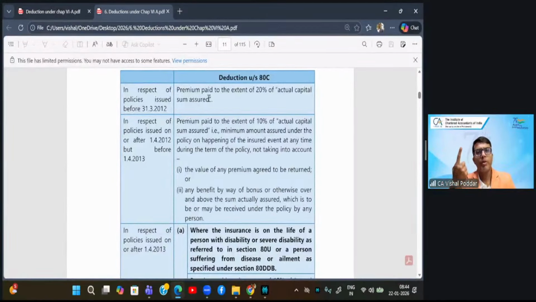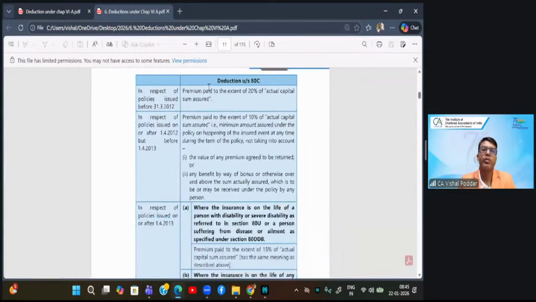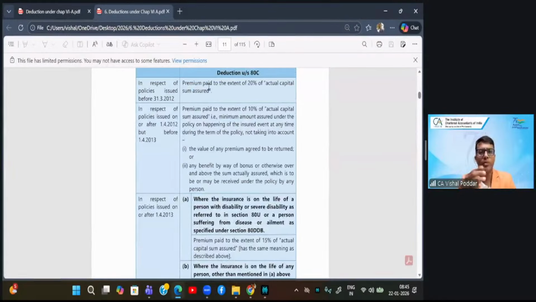Now coming to the important part. We have an overall limit of 1,50,000 for the entire 80C. So all payments under 80C combined, up to 1,50,000 you can get deduction. But within this, for payment which you are making in respect of life insurance, obviously what payment you are making is the premium, you will get deduction up to a certain limit. What is the limit? For this, you need to see the date when the policy was taken out.